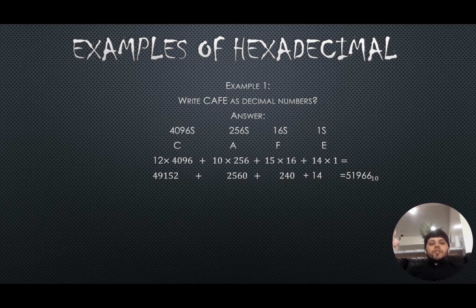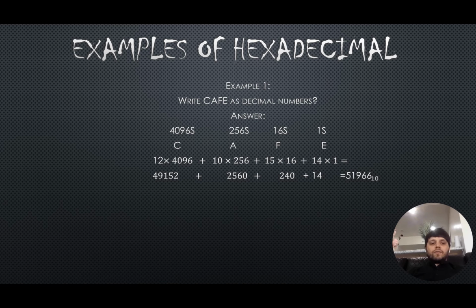When we multiply these numbers, we get 49,152, plus 2,560, plus 240, and plus 14.